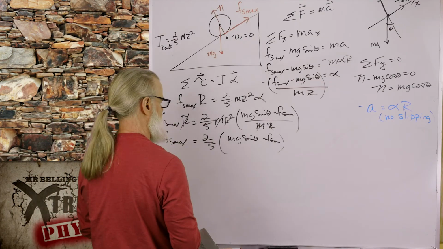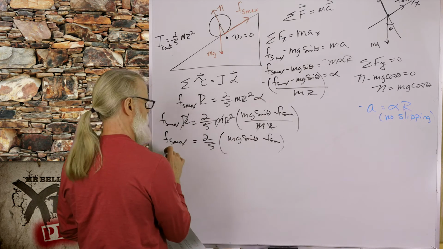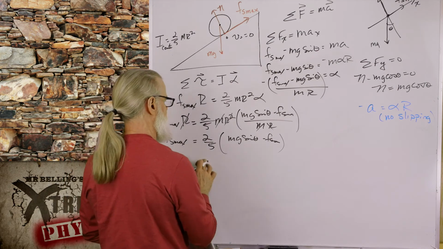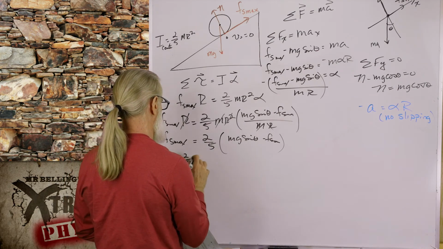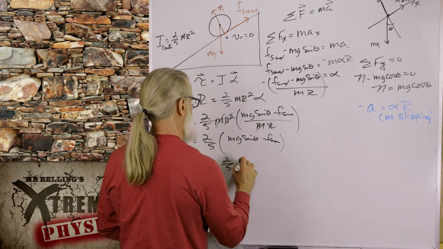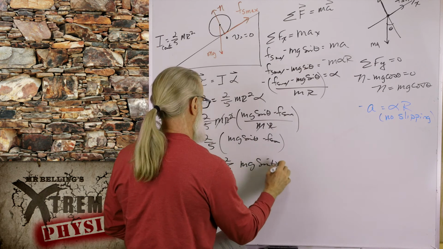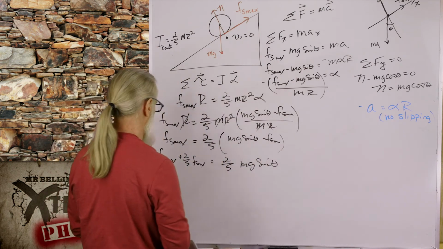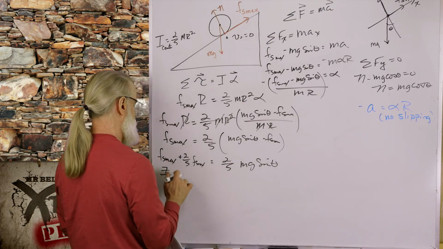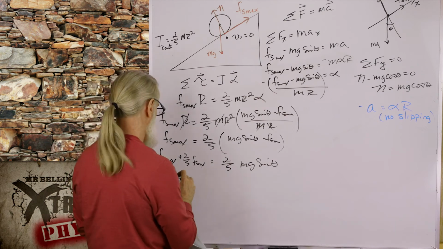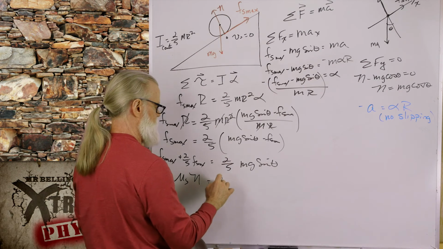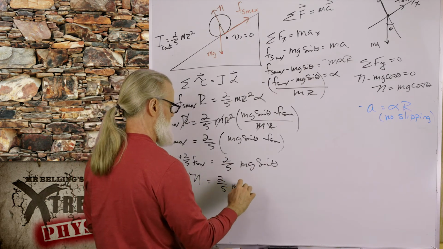Bring this over here: Fs max plus 2/5 Fs max equals 2/5 mg sine of theta. All right, we're getting close, I can tell. So what do we got? 7/5. I'm going to replace Fs max with mu static times the normal force equals 2/5 mg sine of theta.